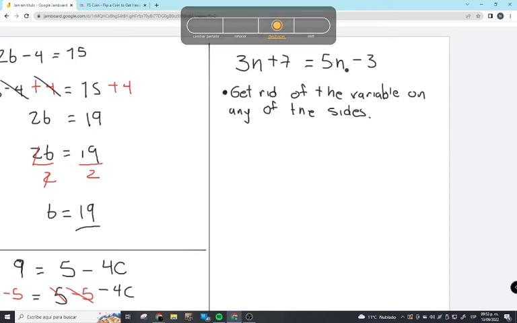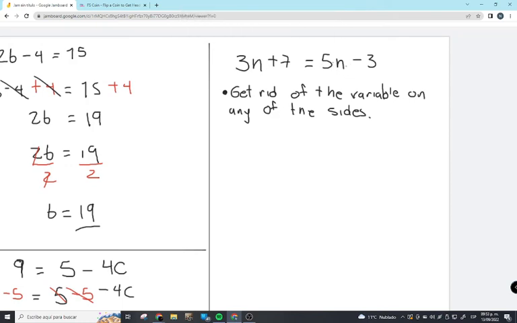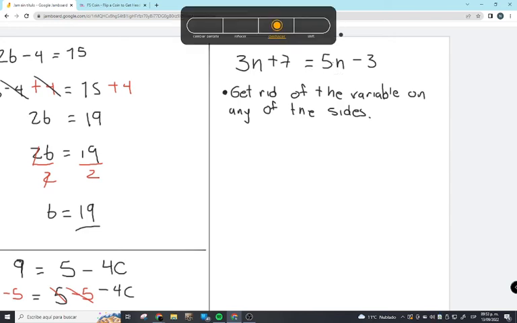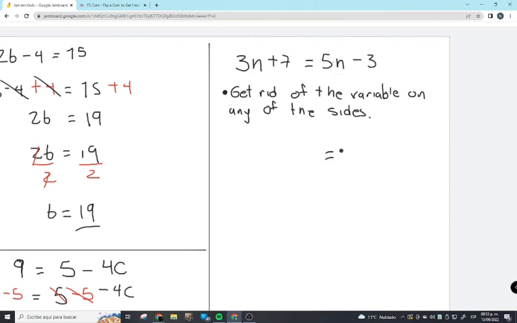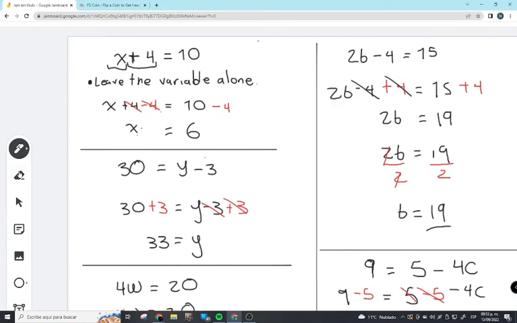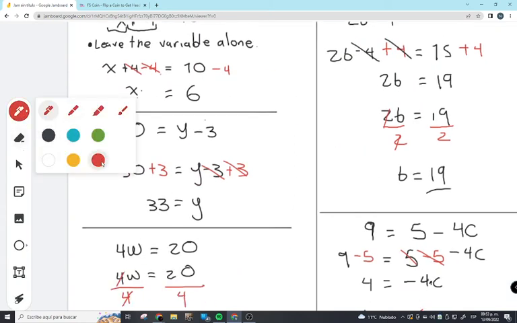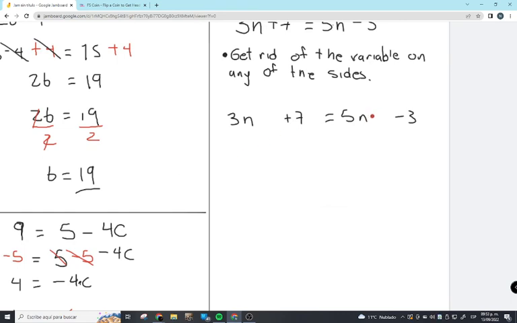But okay, let's remember, 5n is a positive term. What if we subtract 5n? Let's do it. Okay, so on this side it's going to be 3n. I'm going to leave space because I'll need it in a moment. 5n minus 3. But remember, we are going to get rid of that 5n, so let's subtract 5n.